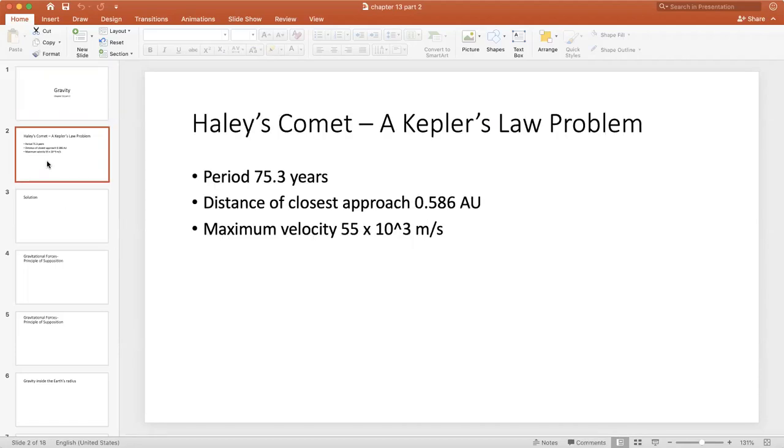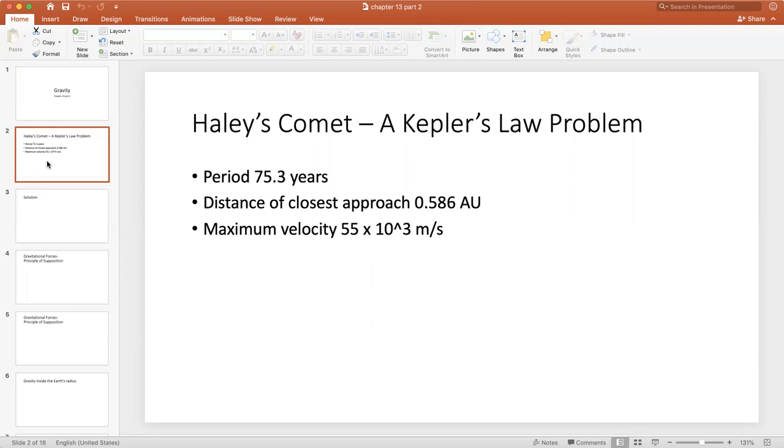So last time, when we talked about Kepler's laws of planetary orbits, these apply to all bodies in the solar system, and one really well-known object is Halley's Comet.